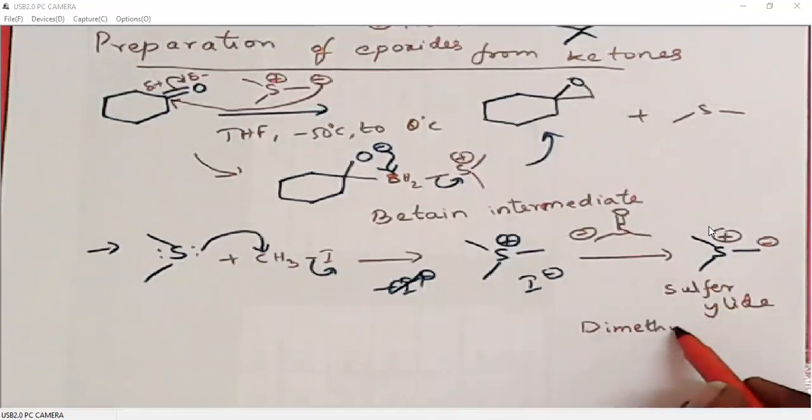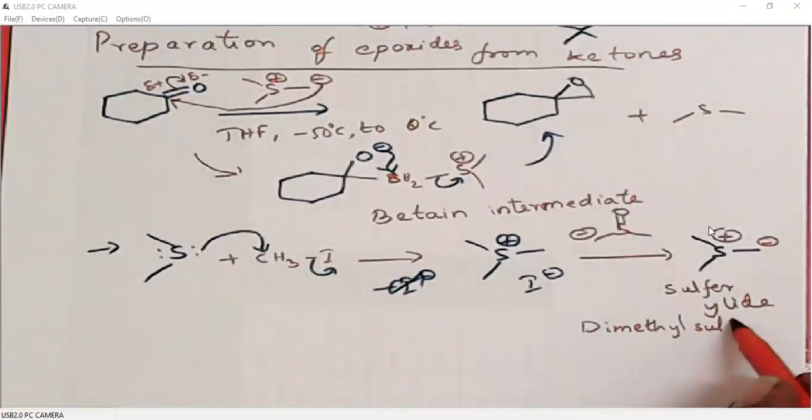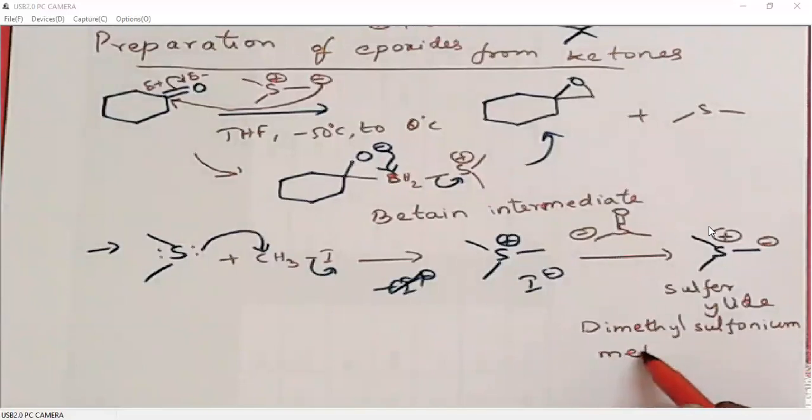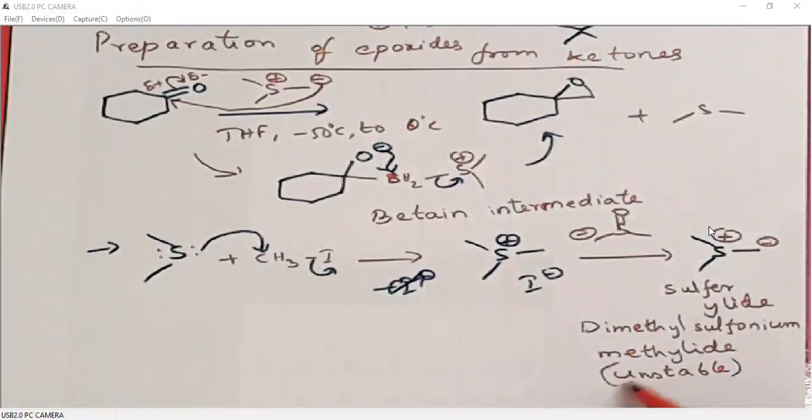Its name is dimethyl sulfonium methylide, because of the positive charge on sulfonium. This is very reactive, and it is also unstable. Then how do we generate DMSO anion?